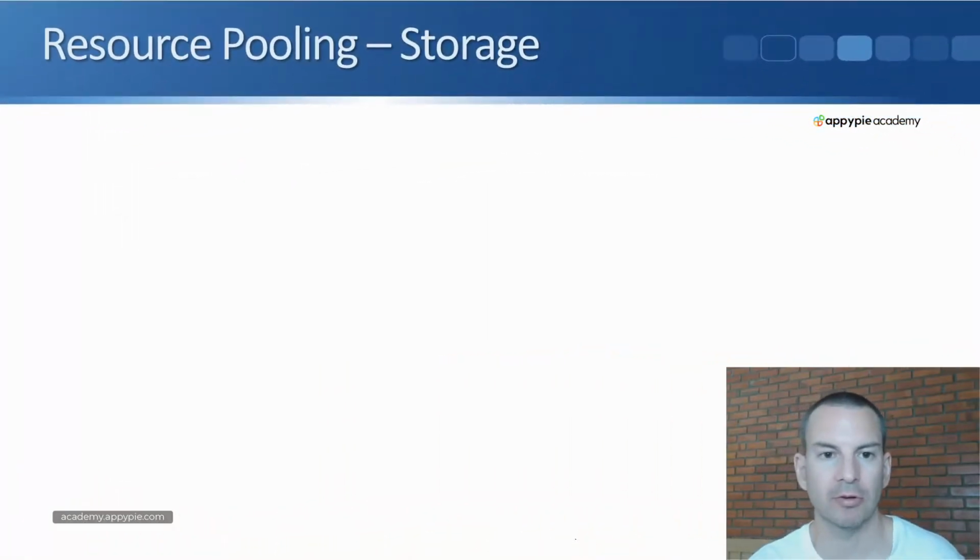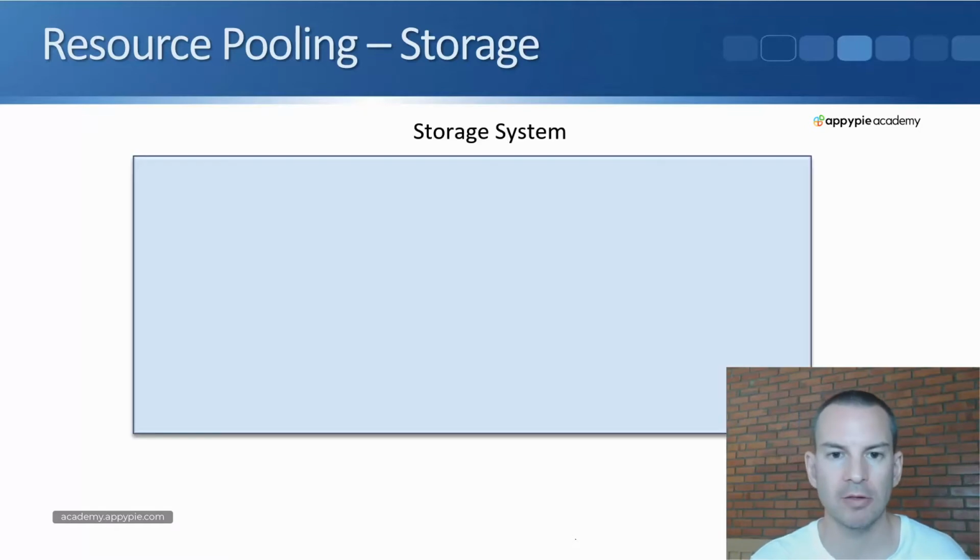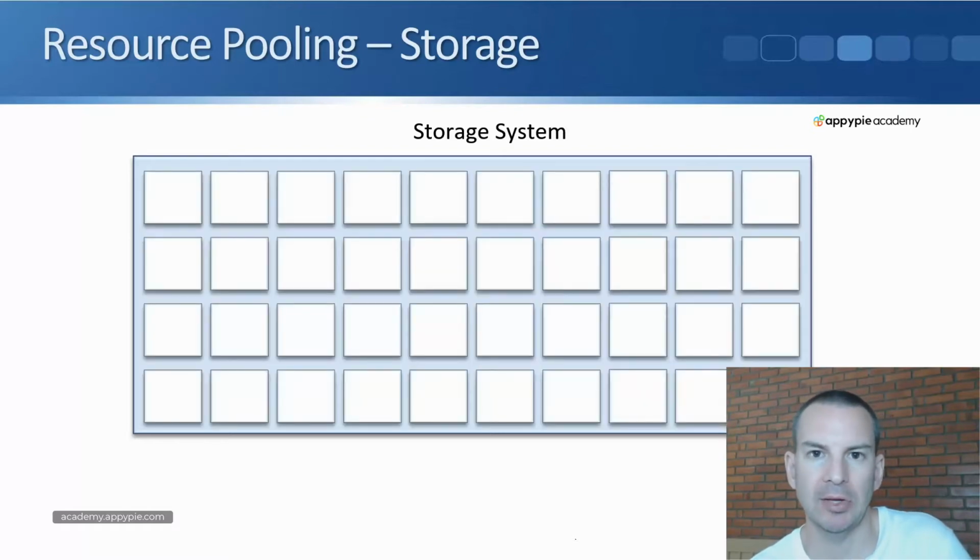And the next resource we're going to look at that we can pool is the storage. So in my example here, I've got a storage system which is represented by the big blue box there, and it's got lots of hard drives inside that storage system. The hard drives are represented by each of these smaller white squares.